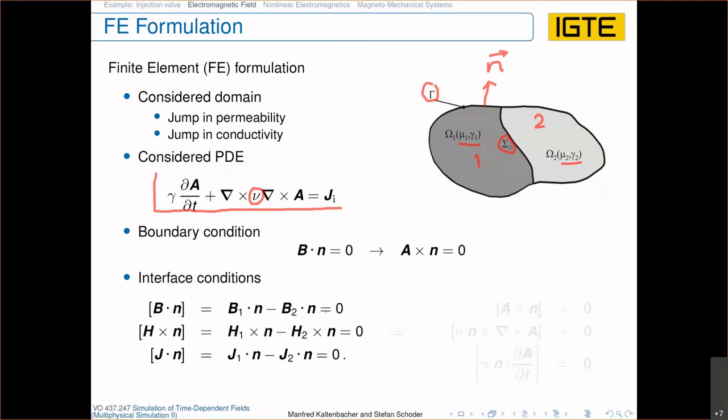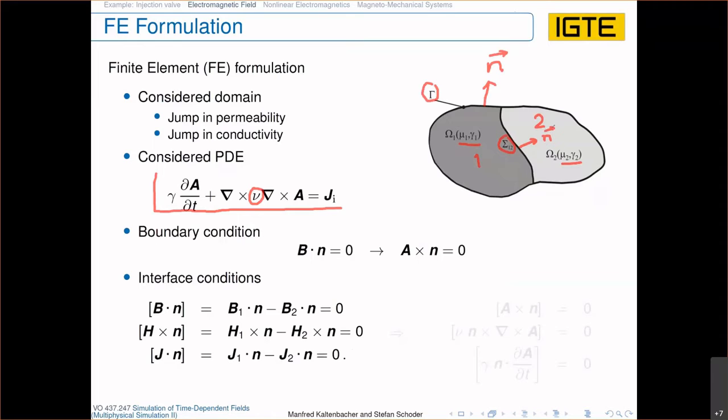The minus is coming in this sense because if you look here at subdomain omega 1, then along this common interface, this will be the normal vector because it's always pointing out, and we call this, let's say, the normal vector n.